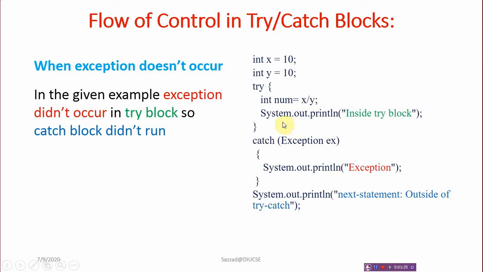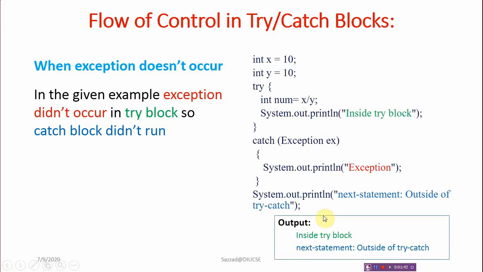So the System.out.print is inside the try block, and then we are trying to catch it, and after catching it we say that it is an exception, and then there is a next statement outside of the try-catch. So what will happen?